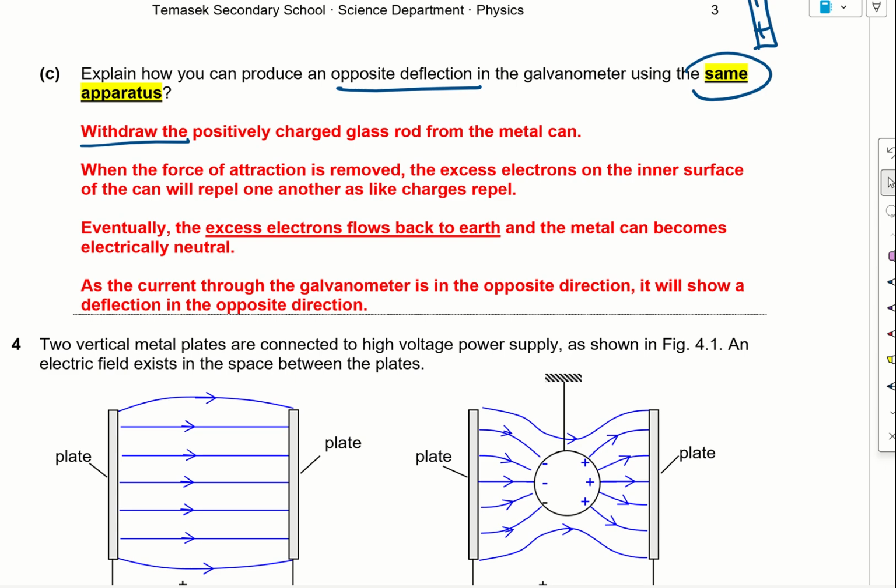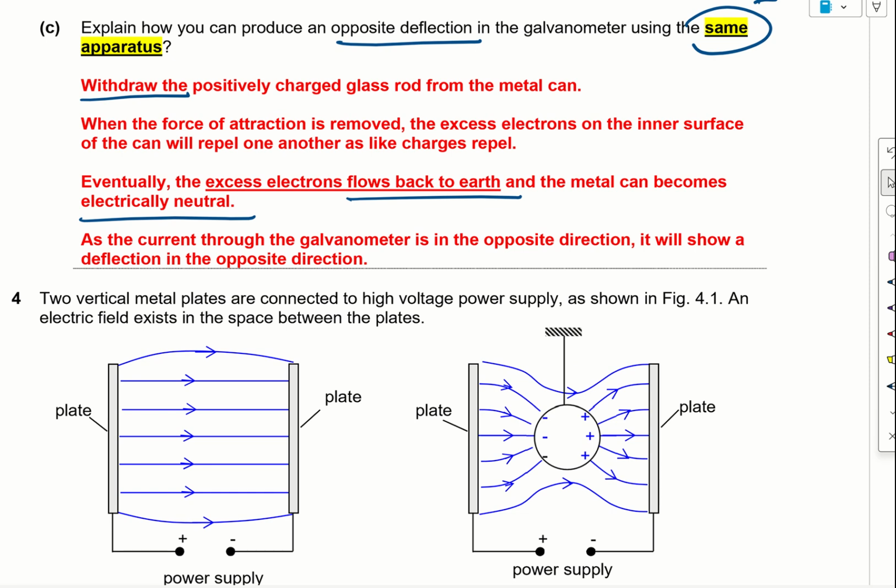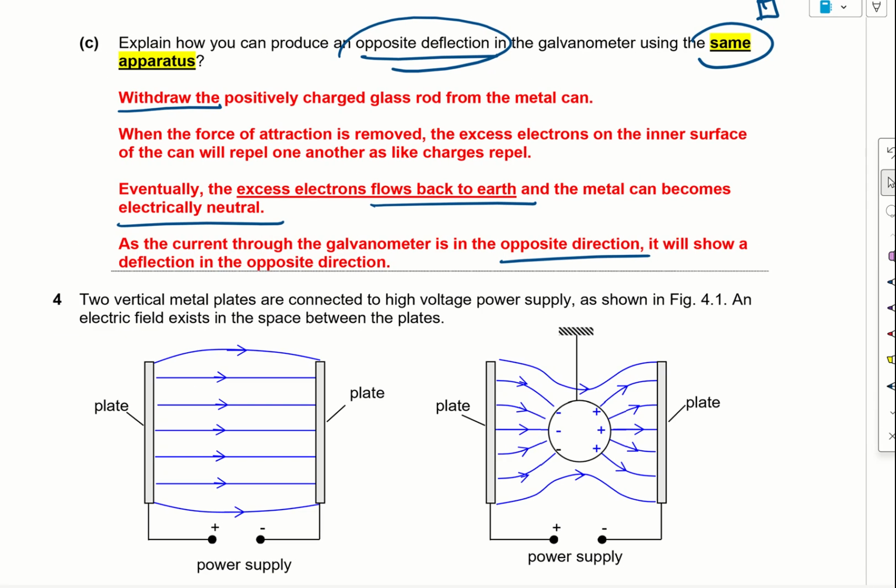Because it is earth, the metal can will become neutral. Eventually the excess electrons flow back to earth and the metal can becomes electrically neutral. So the current flows through the galvanometer in the opposite direction, therefore it will show a deflection in the opposite direction.